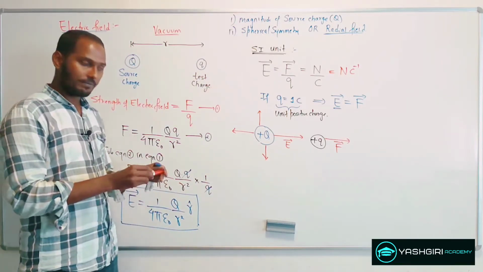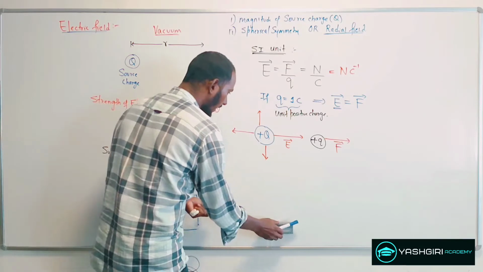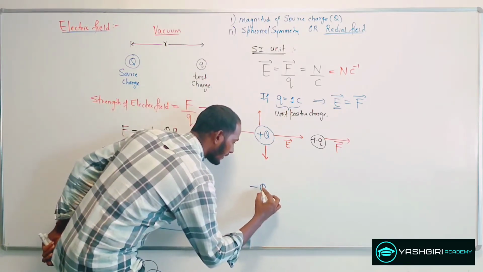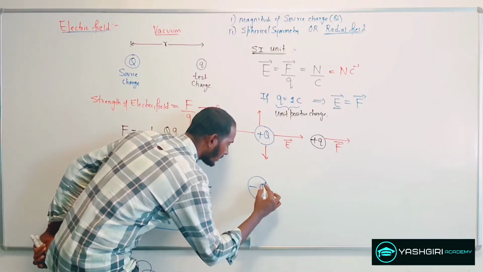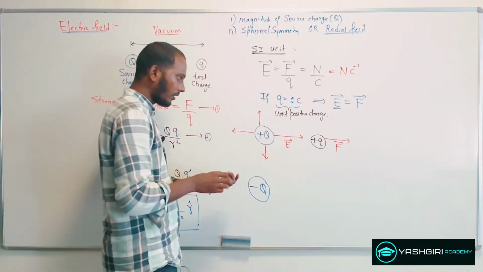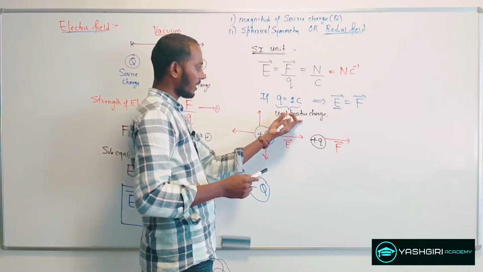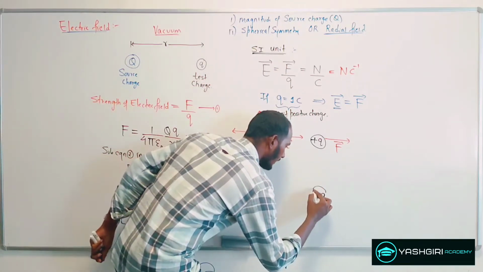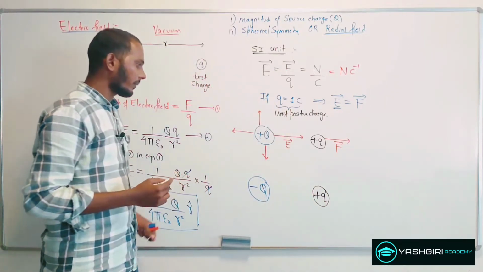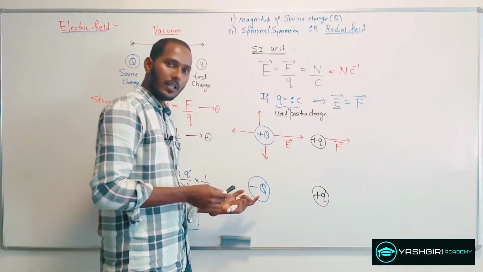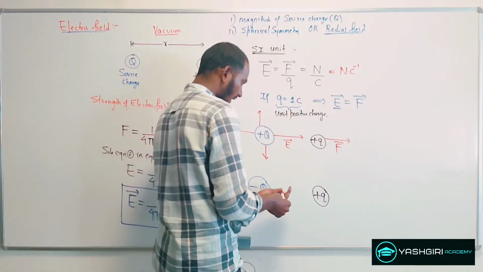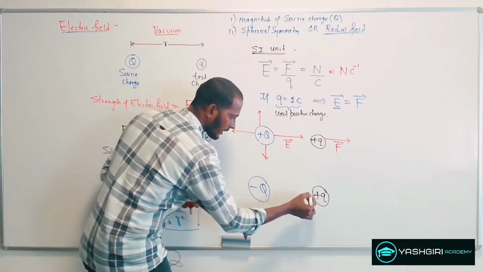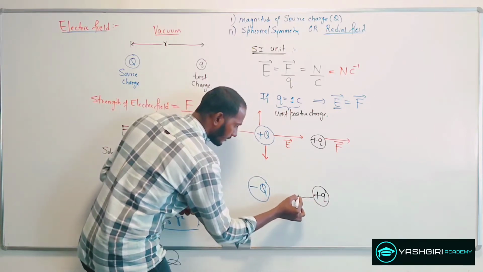Like that, if you have a source charge of minus Q, let this be my source charge, and again while defining, we are defining in terms of a unit positive charge, and let me take this as my plus Q again. So here, this is a negative charge. That means this will exert a force on this positive charge in the inward direction, correct?